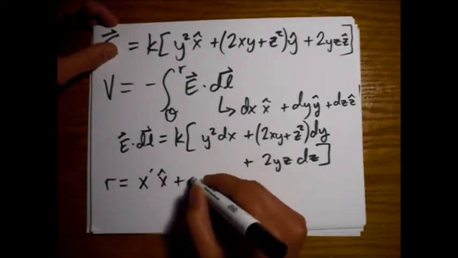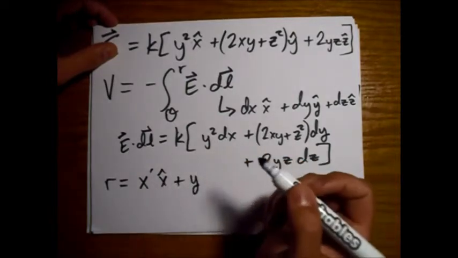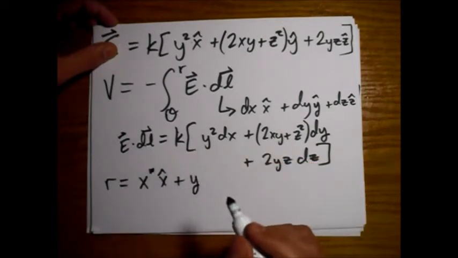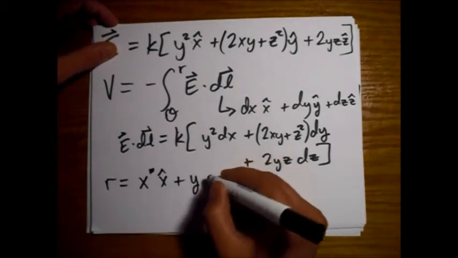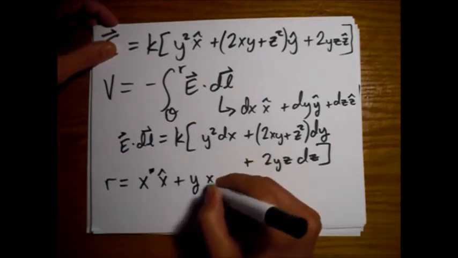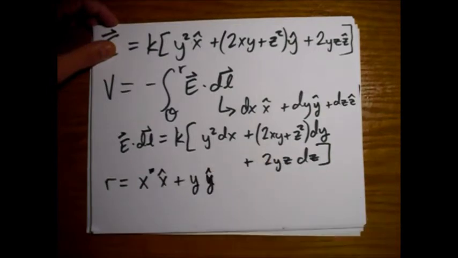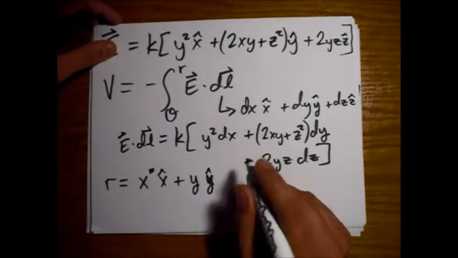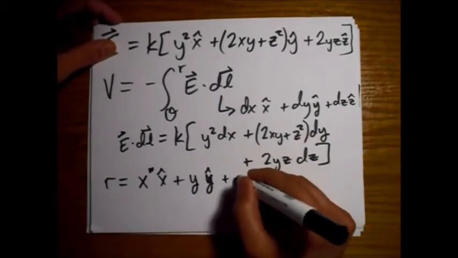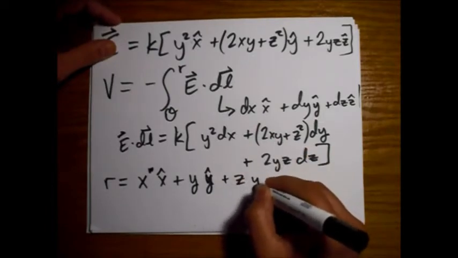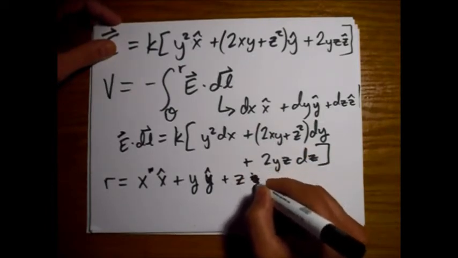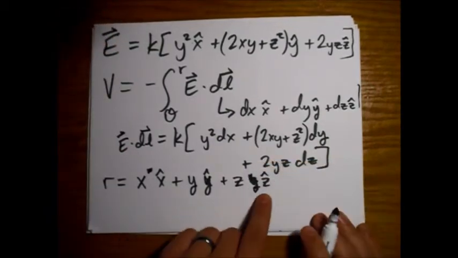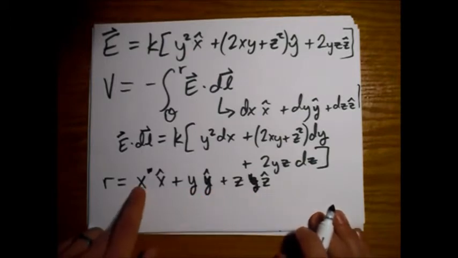This is kind of confusing, because I don't know what's more confusing: using primes like Griffiths uses for source points, or not using them. We'll just try and be careful here. Wow, I cannot talk and write at the same time. Okay, so z hat, y hat, x hat, right?